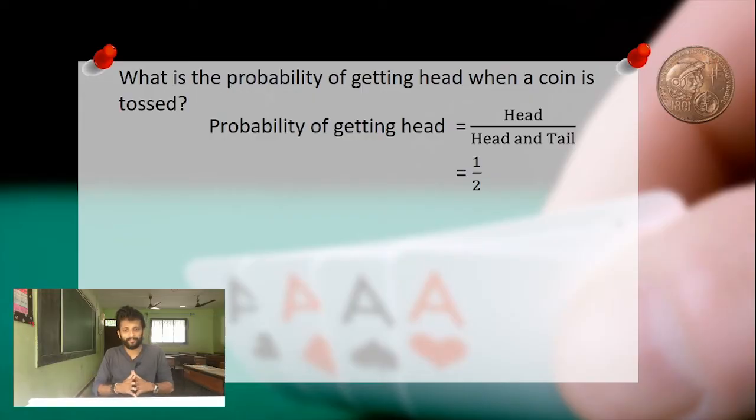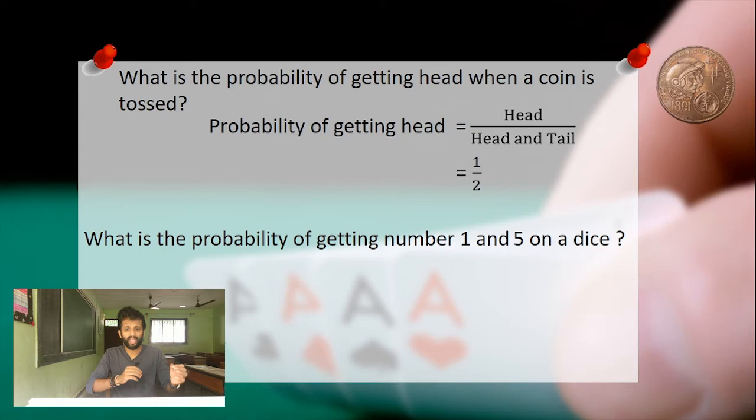Okay, next, what is the probability of getting number 1 and 5 on a dice? Now I have a dice and I'm throwing this, so let's throw the dice here. Now I need two options that I'm wanting, right? I'm happy if I get 1 and I'm happy if I get 5.